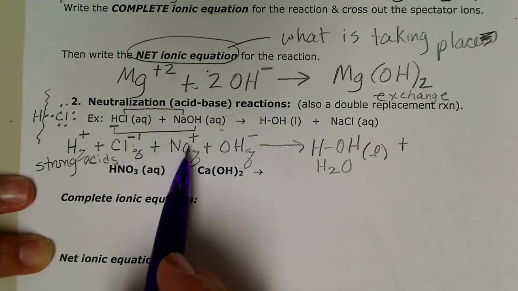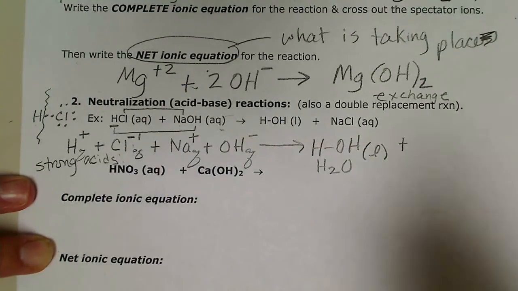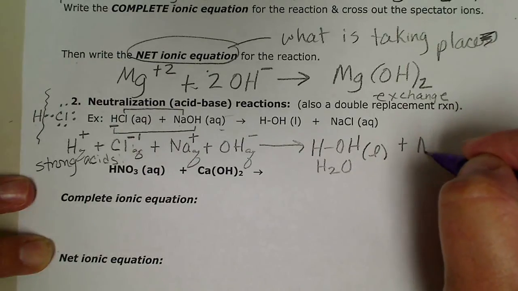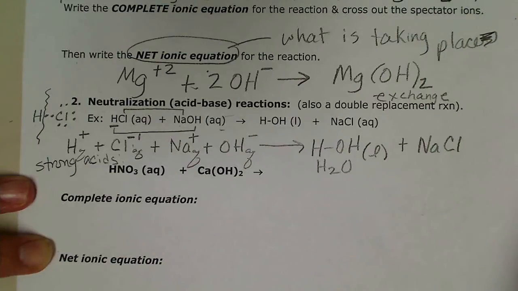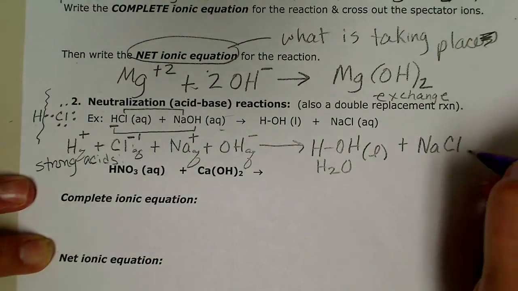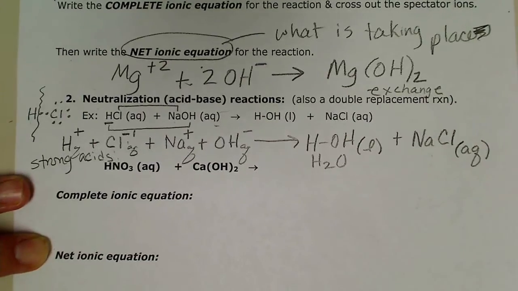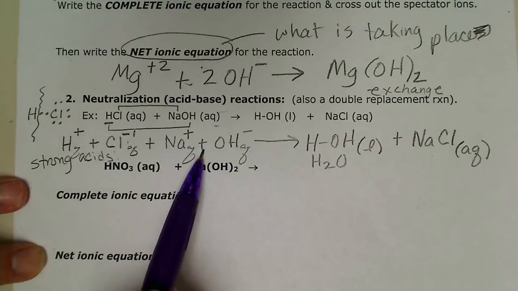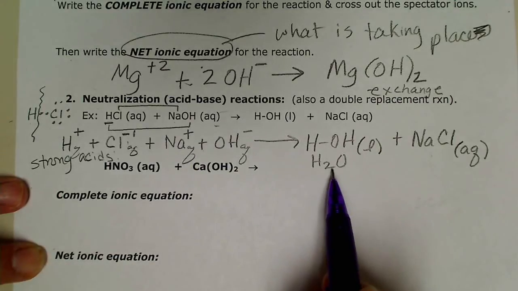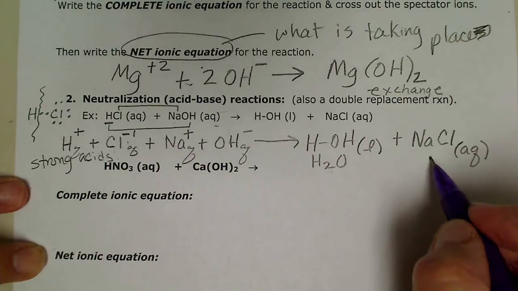So water is a liquid, and then the sodium ion gets together with the chloride ion, but both of those ions are soluble, so we don't see salt forming in this solution, but we still have those spectator ions there. If we mix an acid with a base, we're going to make water and a salt.